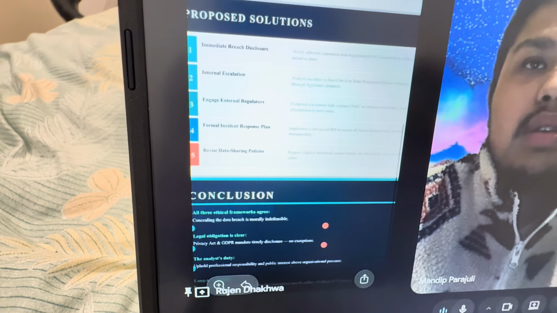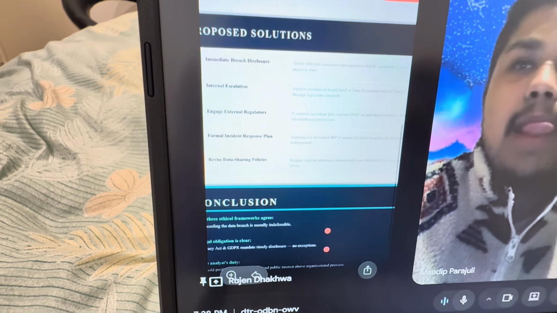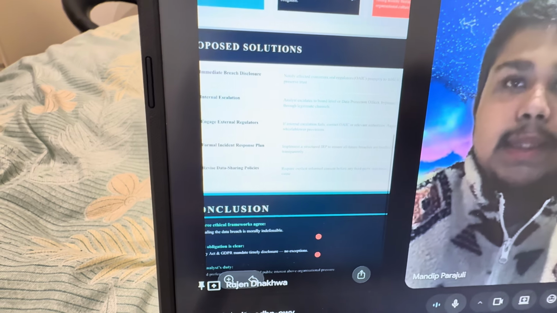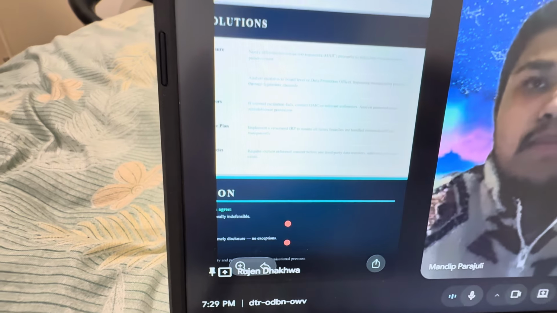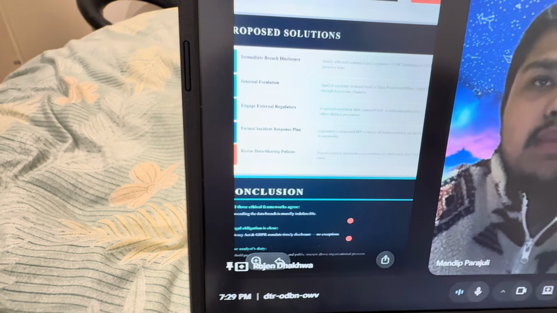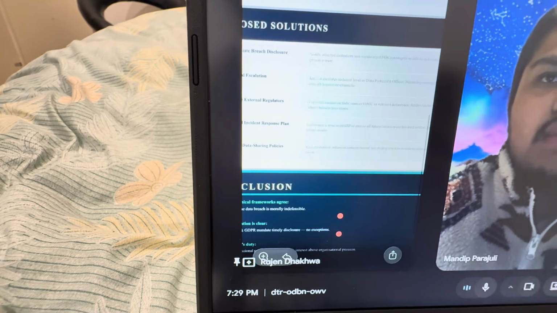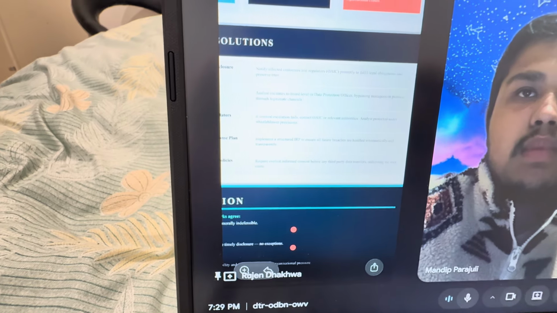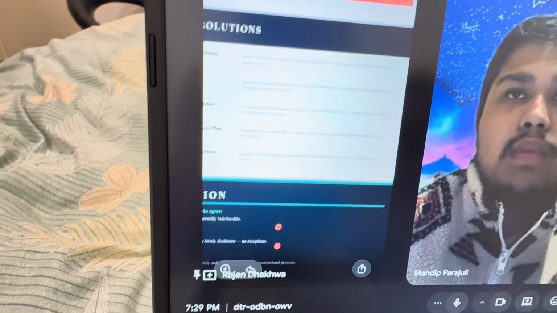whistleblower provisions. The fourth is a formal incident response plan, implementing a structured IRP to ensure that all future breaches are handled systematically and transparently. The fifth one is revising data sharing policies, which requires informed consent before any third party data transfers, addressing the root cause of the problem.